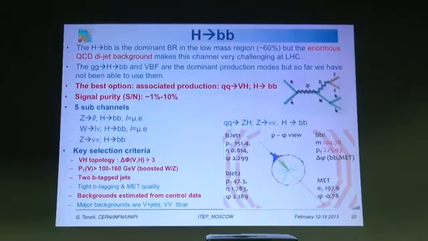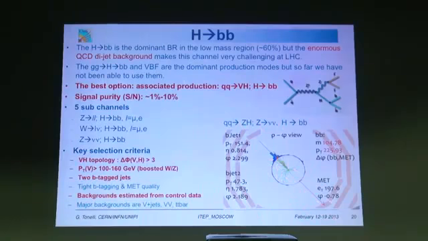Again, we want to have a clear topology to be studied. For example, in this particular case, we ask for the PT of the vector boson to be above 160 GeV. So these are typical events you see, for example. In this particular case, we look for Z produced in association with the Higgs boson, decaying to BB, and you see Z going to invisible.